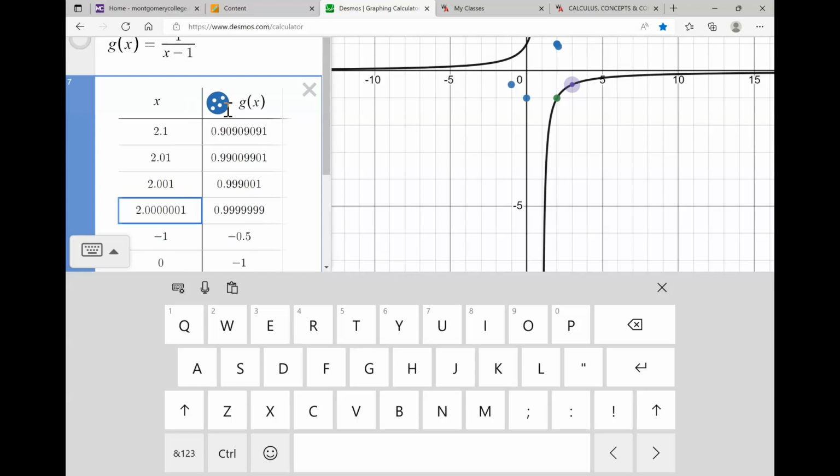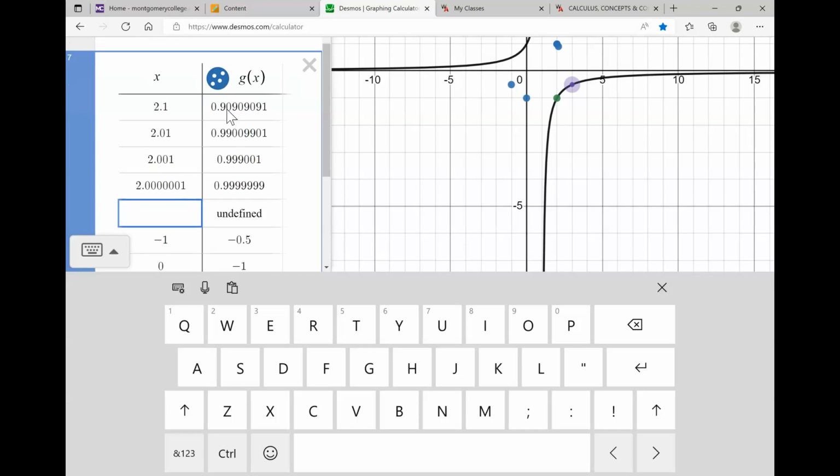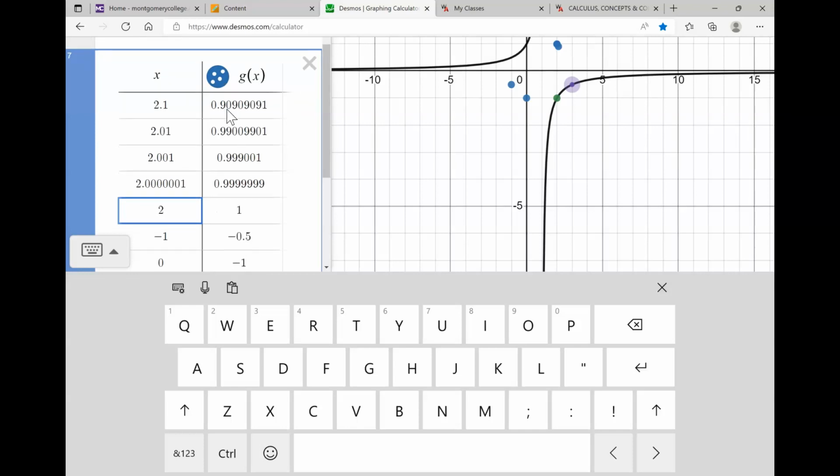But because I've got this thing simplified to be a tangent slope, I can just plug in 2. So by doing that algebraic replacement function, I can plug in values of x for a secant slope, and I can plug in the value of interest for tangent.